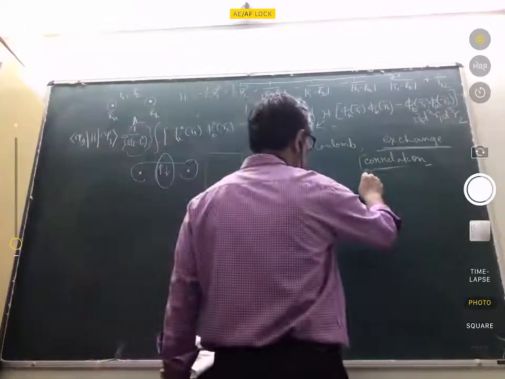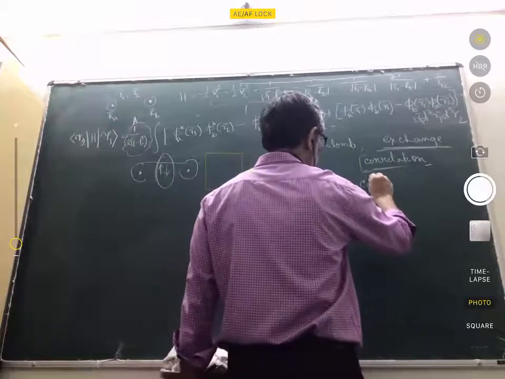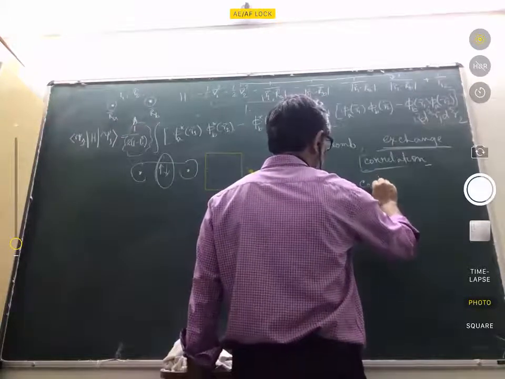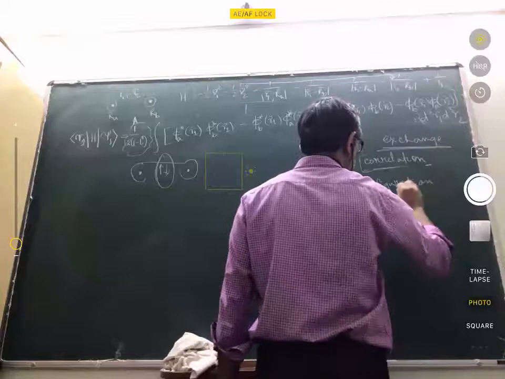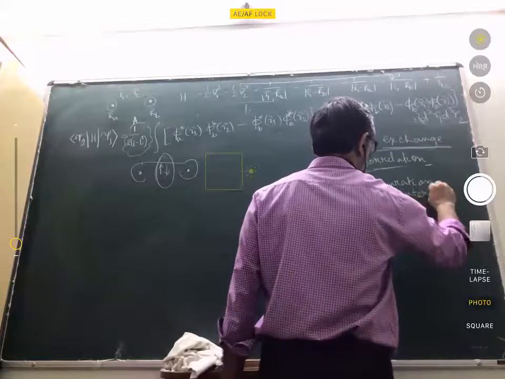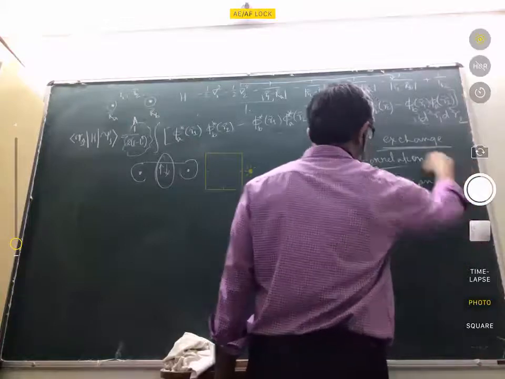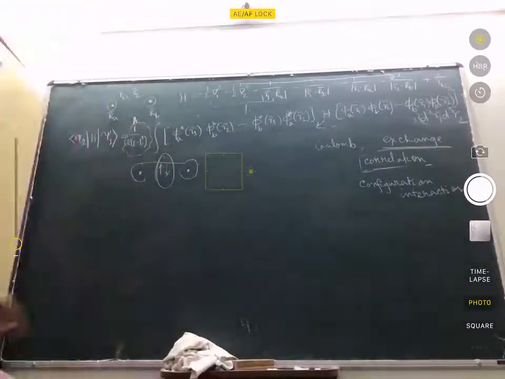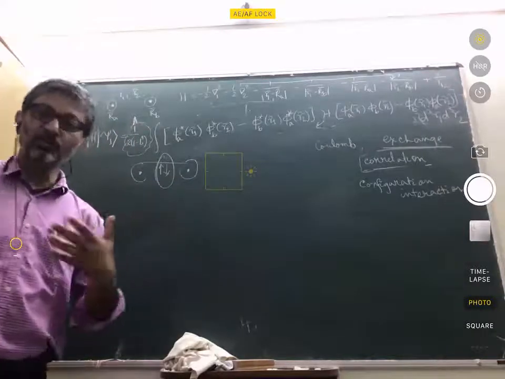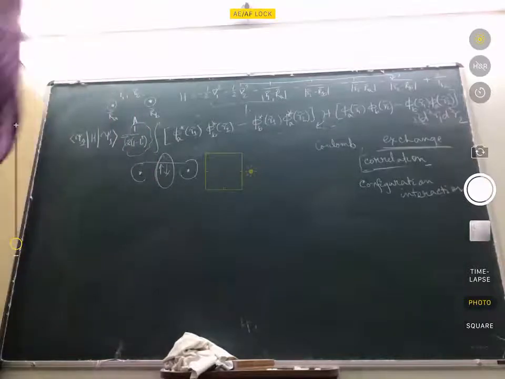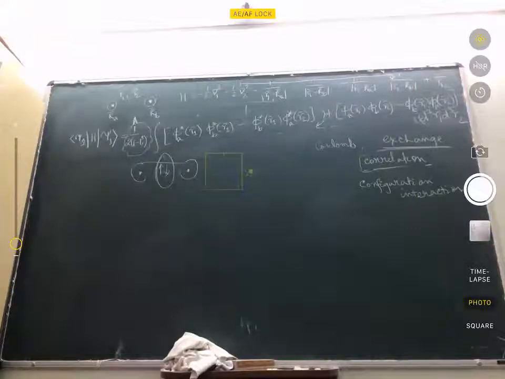I'm not really expecting that you will appreciate it from what I'm saying, but there's something called configuration interaction, which is a technique or a theory by which you can capture such electron correlation effects. So my point here is that just carry this much in mind, that at large separation, the electron-electron correlation effects become important, and have to be captured somehow if you want to get the correct ground state. That's the final statement. Okay, so that was point number one, correlation effects.